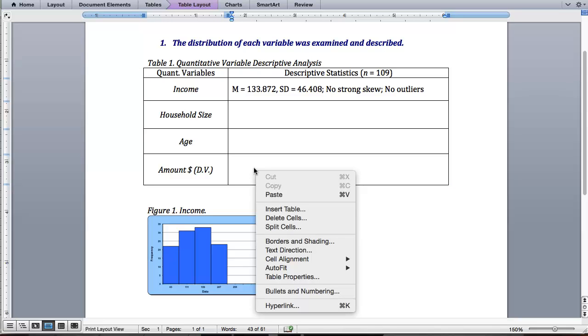But when I paste from a live Excel document to an open Word document, Office wants to keep these two files linked.